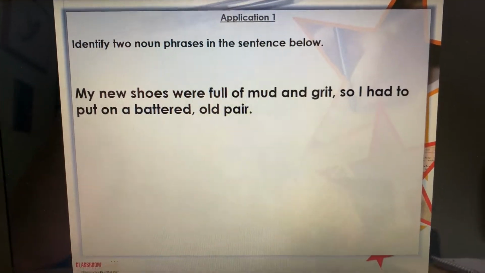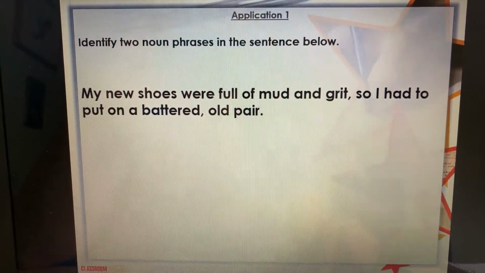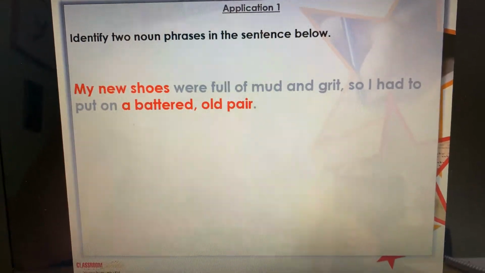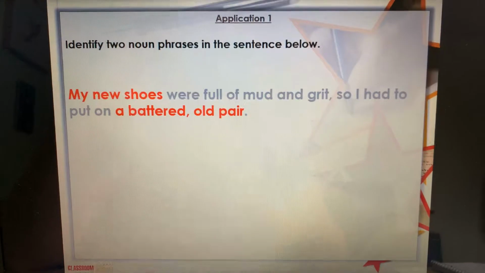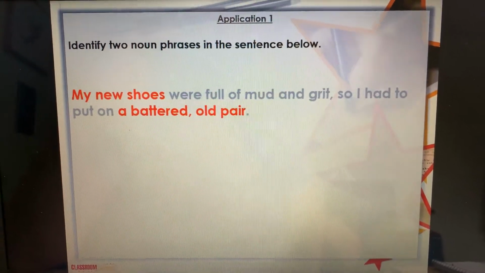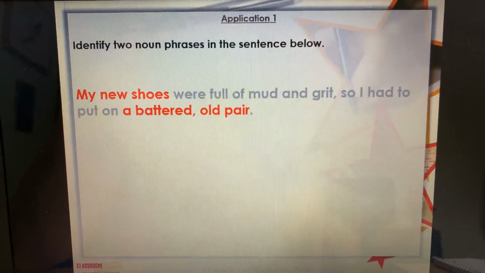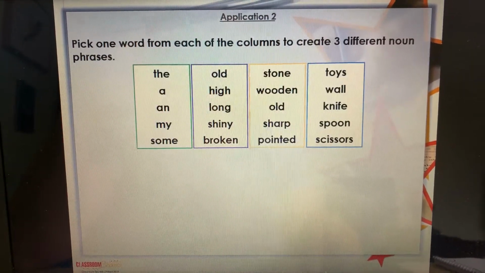What would be another one? What about the battered old pair? Yeah, because although it hasn't said it's a pair of shoes, that's what you would know from reading it. So a battered old pair. So if you look at that, you can have more than one adjective. You can have two adjectives in an expanded noun phrase.